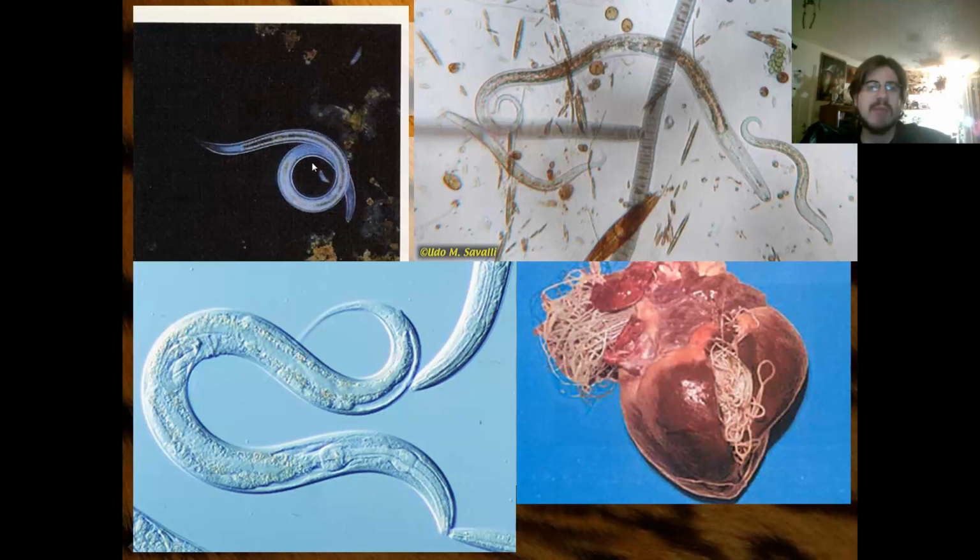Very small microscopic organisms. Very simple, and they just consume the food in their little microscopic environments, munching on decomposing material, dead material, and breaking it down. And then over here, bottom right, is of course your parasitic nematode, the heartworm.